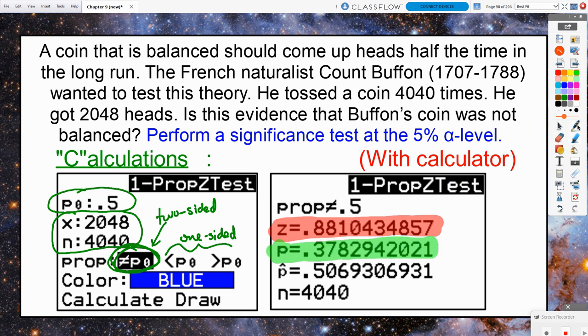So whatever p-value you get when you say it's a two-sided test will truly be a two-sided p-value, and you don't have to worry about doubling it. So again, if you want to use the calculator, remember you're going to have to call this a one-sample z-test for a proportion. You have to tell me the test statistic z, you have to tell me the p-value, and then you can move on.